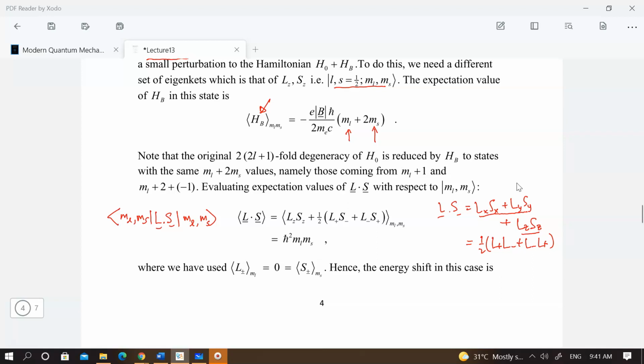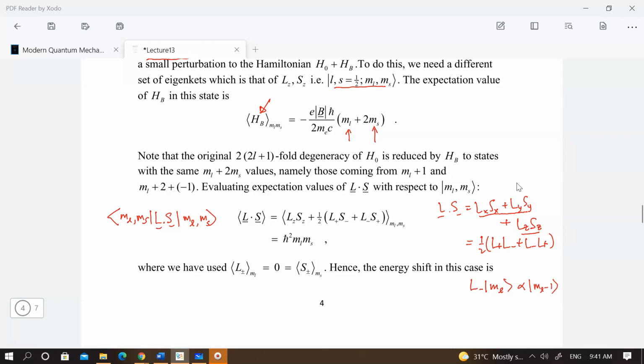What about the L plus and L minus? Once you have these ladder operators, for example, you know that L minus acting on ML will be proportional to ML minus 1.